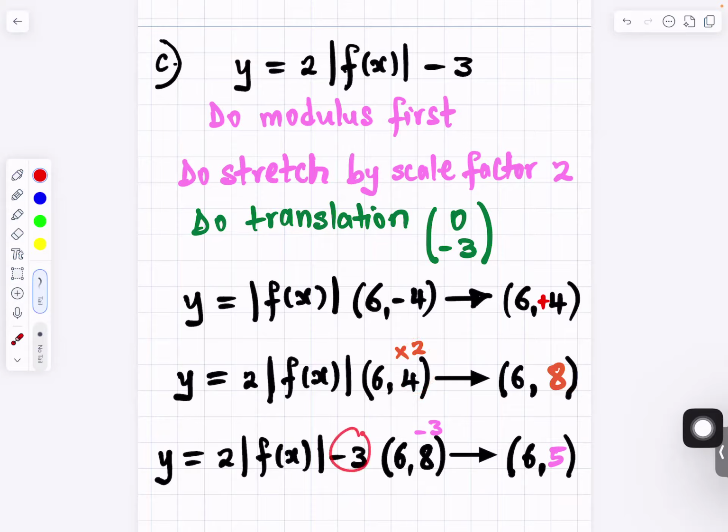And then the minus 3, the translation, affects the y value. So 8 minus 3 becomes 5. So the answer is (6, 5). So we start with (6, -4), we end with (6, 5). So we do the modulus first, we do the stretch by scale factor, and then we do the translation.